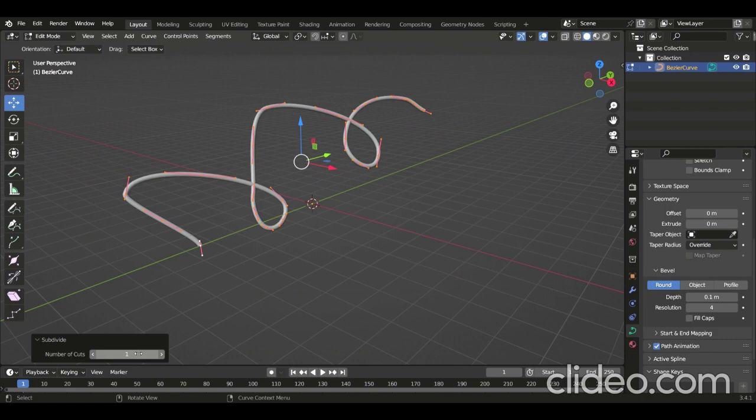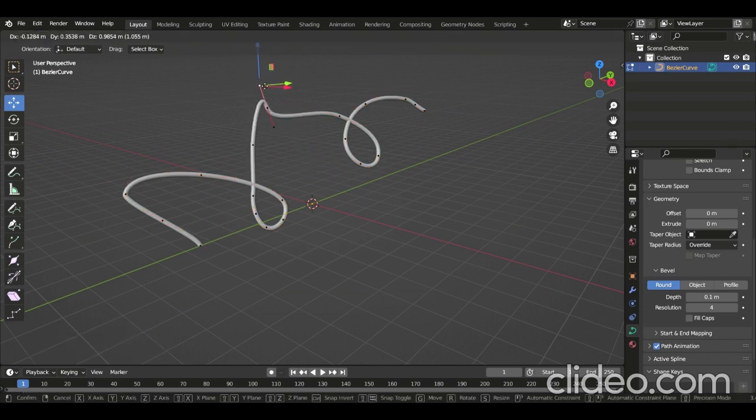In this case it inserts one control point between two existing control points. So if we try to move it now, you can see only the one part which I am moving is moving, but in the before case most of the curve is moving.